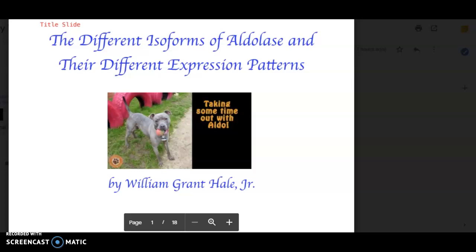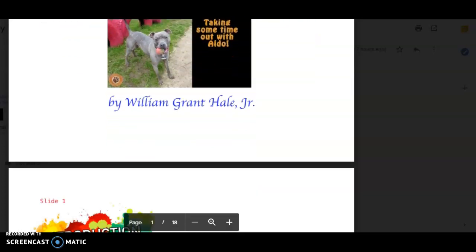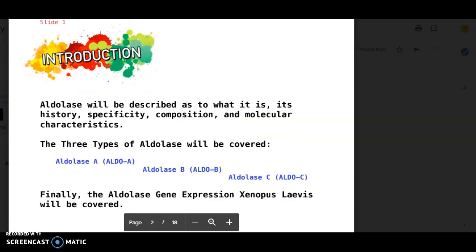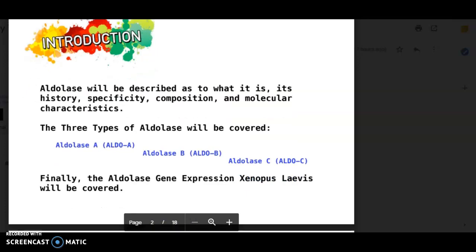Today I'm going to talk about the different isoforms of aldolase and their different expression patterns. Okay, in the introduction, aldolase will be described as to what it is, its history, specificity, composition, and molecular characteristics.